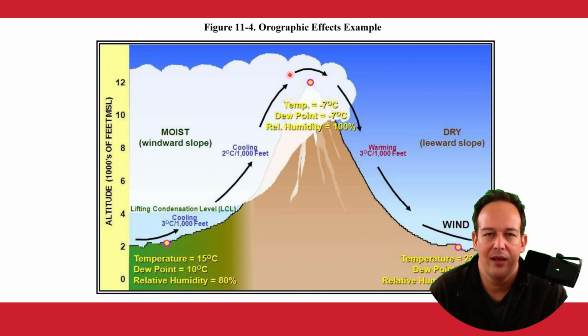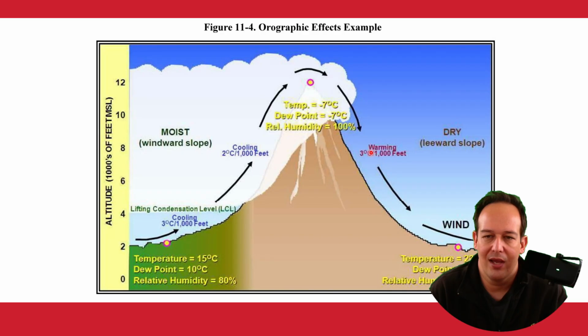But then as the air flows across the mountain peak, well, it was at 100% relative humidity. You can't go more than 100% relative humidity. So once the air starts to descend again, the temperature is going to increase, and so all that visible moisture will now turn back into a water vapor, a gas. And so now it's going to be drier air.